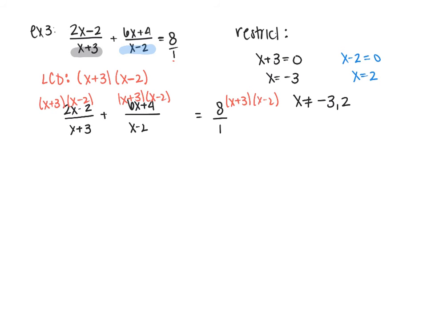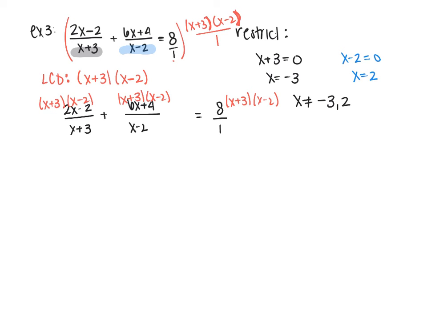Again, multiply the LCD by every single numerator because I'm multiplying this fraction by x plus 3, x minus 2 over 1. So that's why I'm multiplying every single numerator.